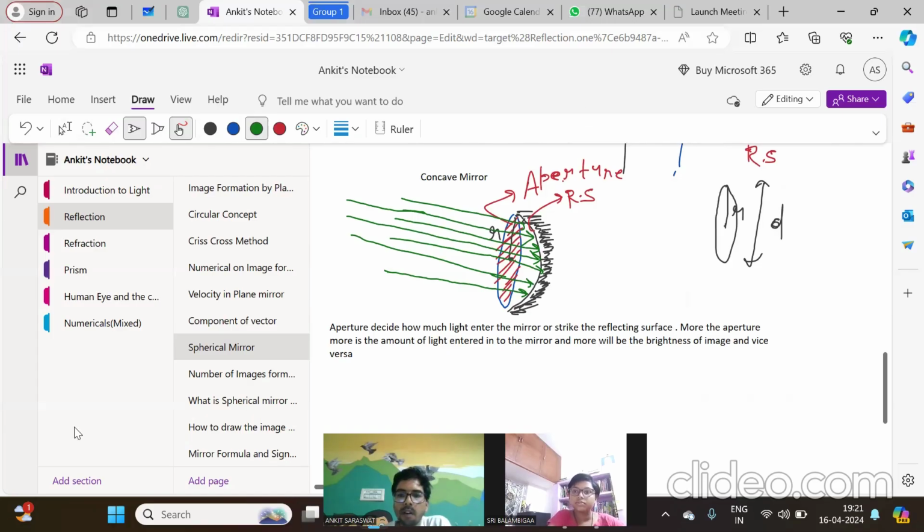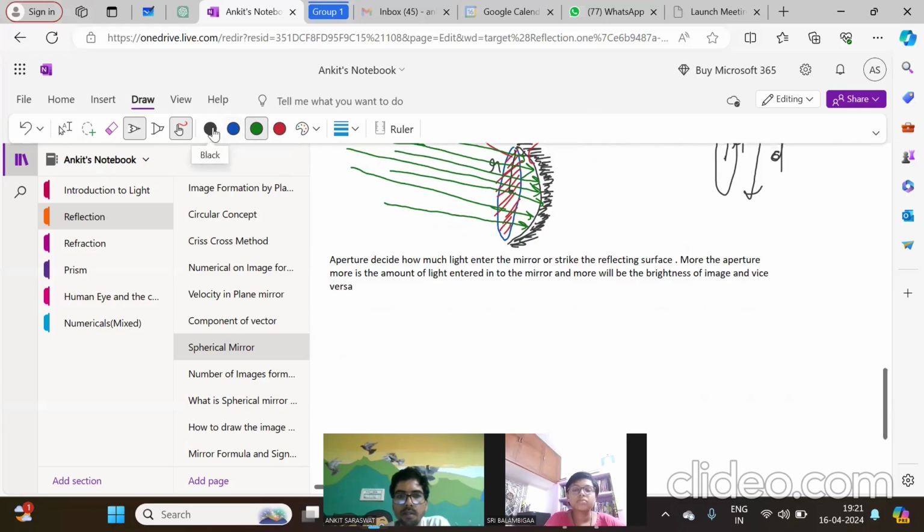Now I will not draw this shape like this. You should imagine it in your mind. I will draw simply like this. This is the concave mirror. Now, this concave mirror is a part of a sphere. This is the curvature, this curve is a part of a sphere.